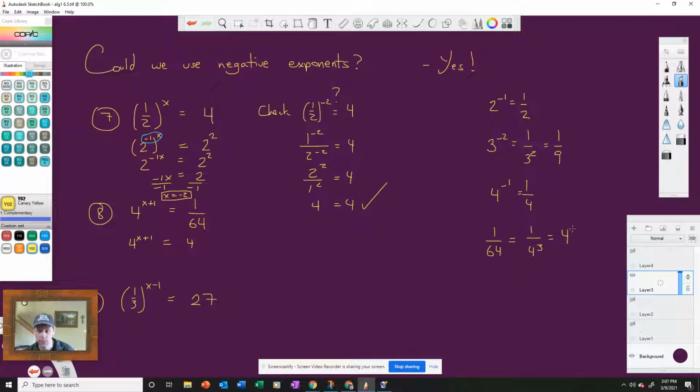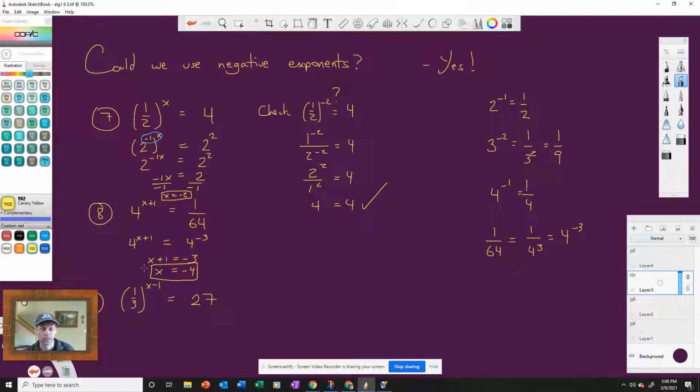And therefore it's 4 to the negative 3. Now, because the bases are the same, the exponents must be equal. So therefore, I can write that x plus 1 will equal negative 3. And subtracting 1 from both sides, I get that x equals negative 4.